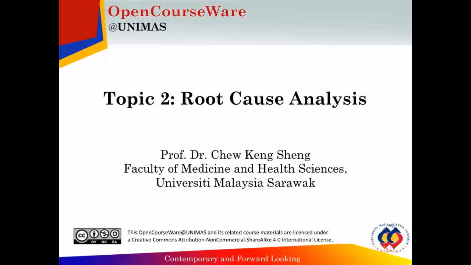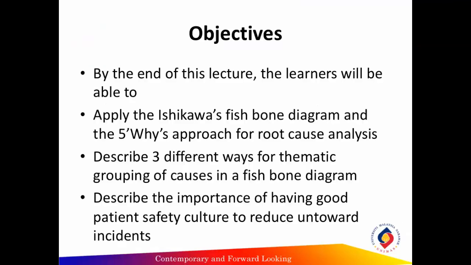And we have said that we shall look at root cause analysis in order to determine the contributing factors of an incident. So the objectives of this lecture are that the learners should be able to apply the Ishikawa's fishbone diagram and the 5 whys approach for root cause analysis in order to find out the contributing factors of an incident.